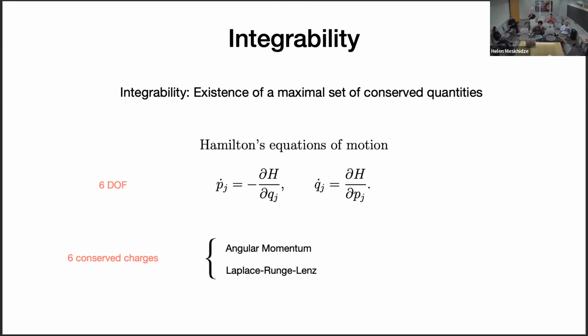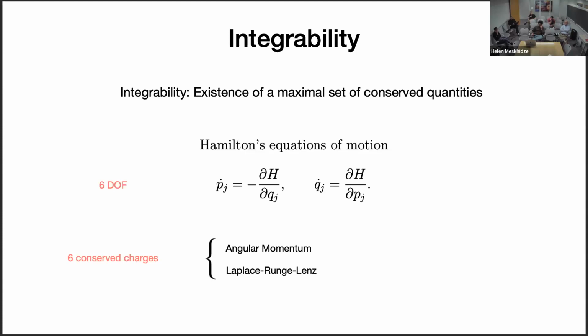And maybe let me spend 1 minute explaining what integrability is, because it was in the title. Integrability is the ability to solve a problem exactly, and in order to solve exactly for the problem, we need to have a maximum set of conserved quantities. So, for example, in this problem, we have 6 degrees of freedom on the phase space: the spatial coordinates and the conjugate momenta.